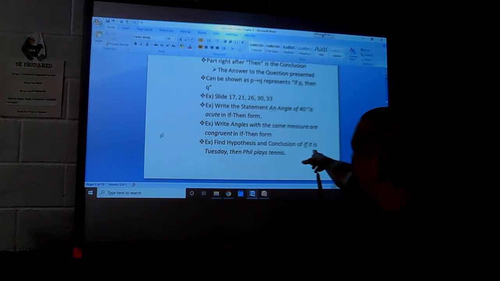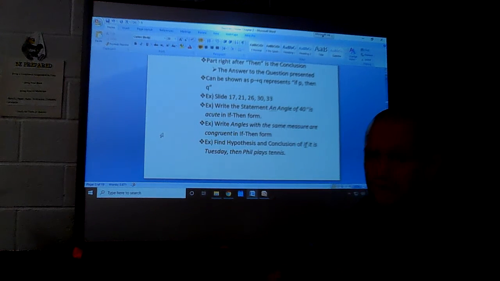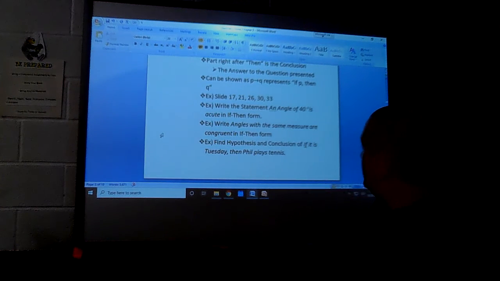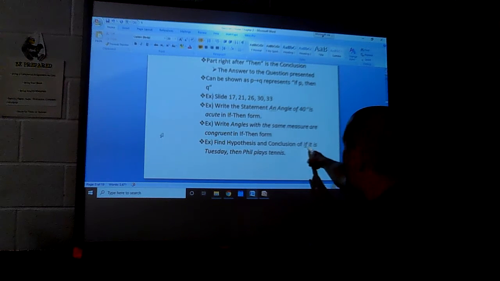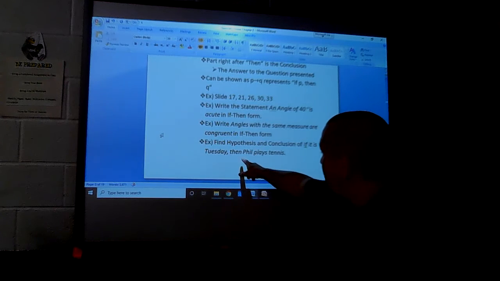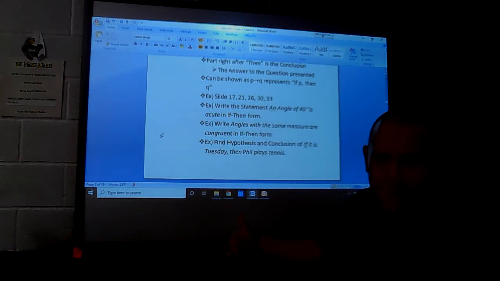Find the hypothesis and conclusion in this sentence. So now we're carrying it on where they actually give you the if-then statement and you're asked to find out what you have. So if it is Tuesday, then Phil plays tennis. So again, my hypothesis, anything after the word if, so it is Tuesday would be my hypothesis, and Phil plays tennis is my conclusion.